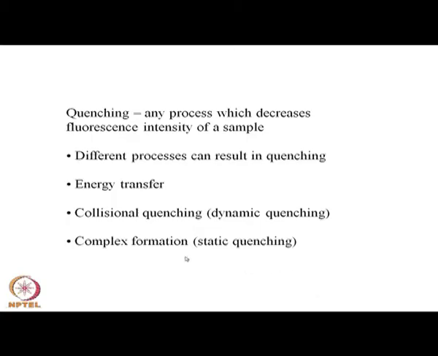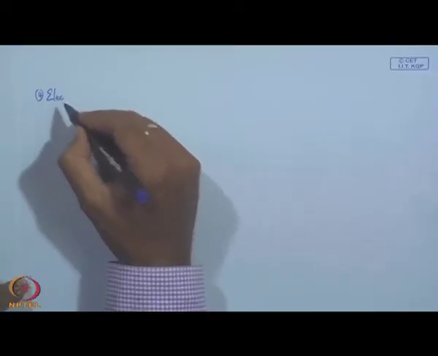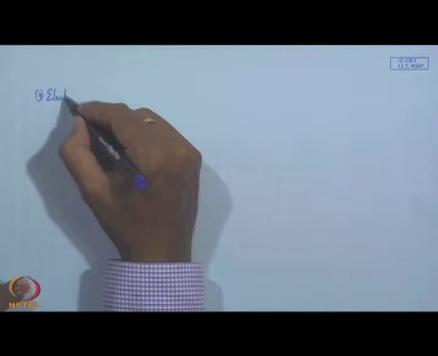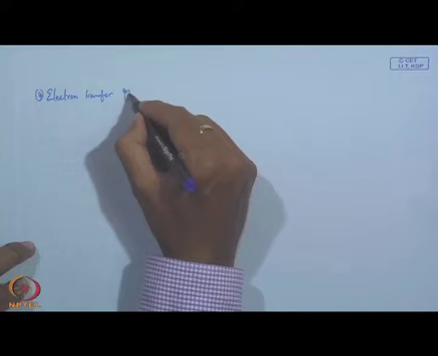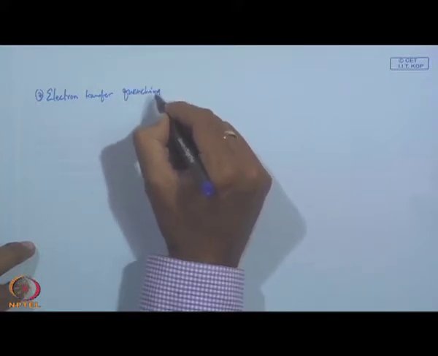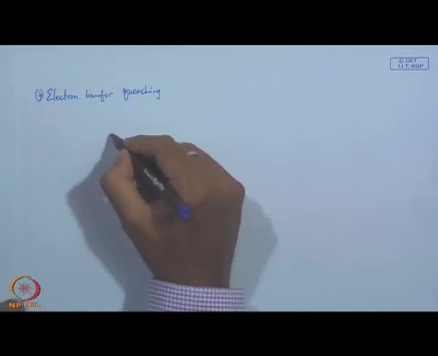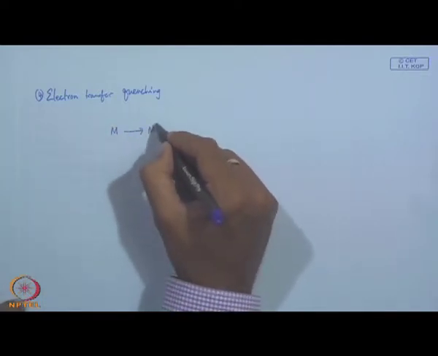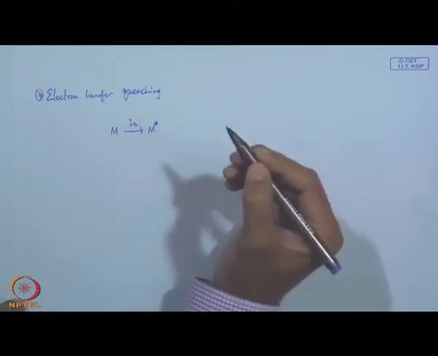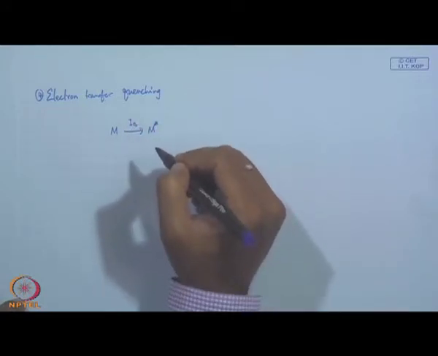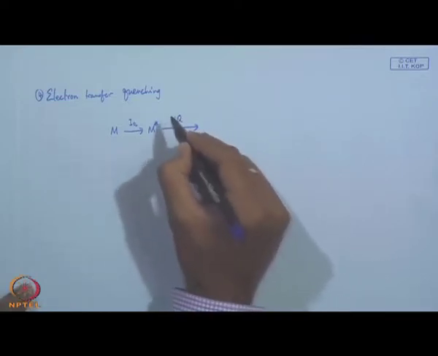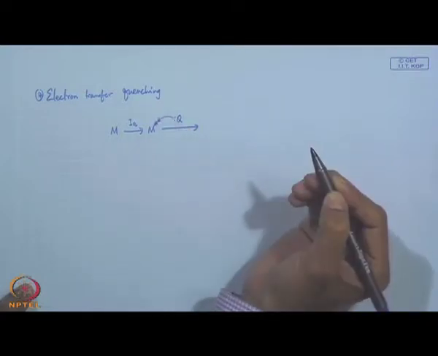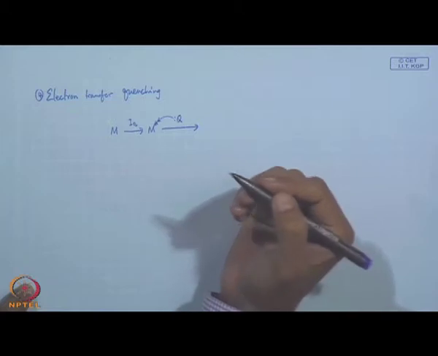Although it is not written here in the slide, note that there can be another mode, which is called electron transfer quenching. What is happening in that case? You have M going to M star after absorbing the incident photons, and then you have a quencher which is an electron transfer quencher. It transfers an electron to this M star.